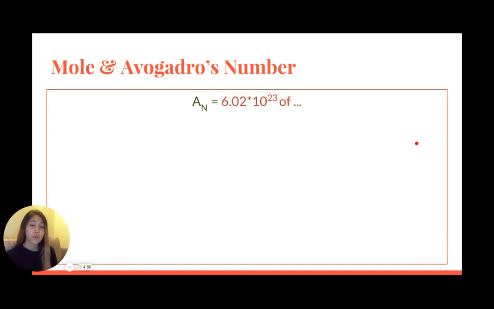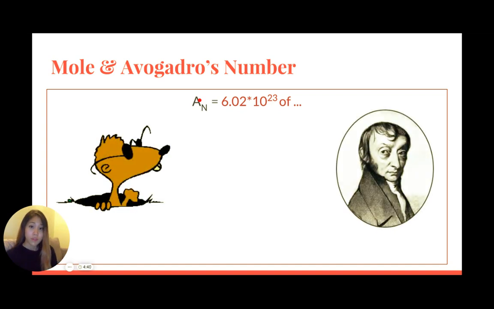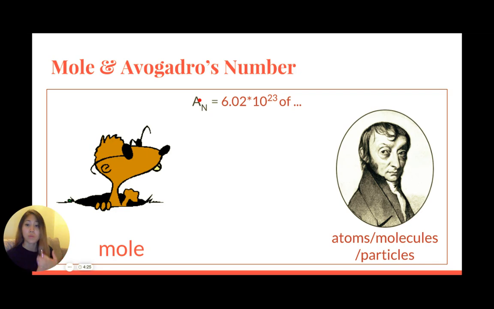So now we know this magic number, Avogadro's number. Avogadro's number is always expressed as N with a subscript of A. Let's take a look at how mole and Avogadro's number are related. When we want to find 1 mole of something and convert it into the number of things, so it could be atoms, molecules, particles, anything we've seen so far, you multiply by Avogadro's number.